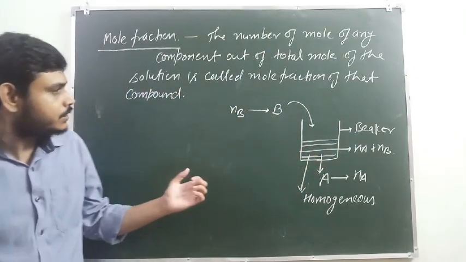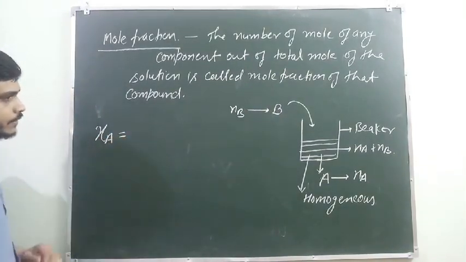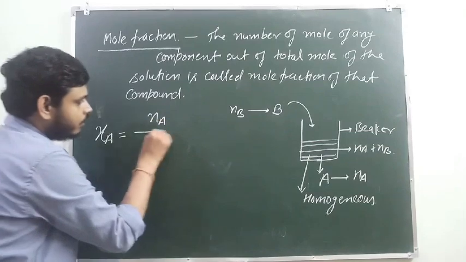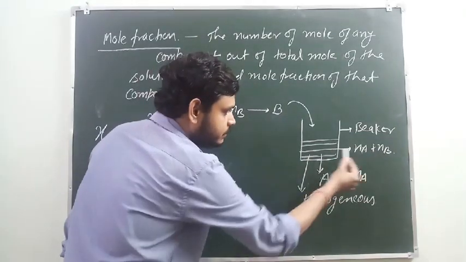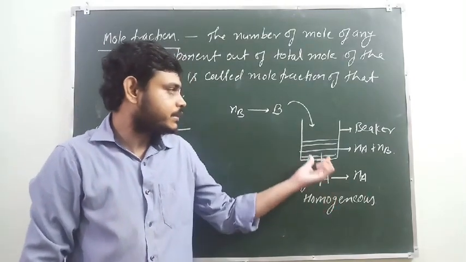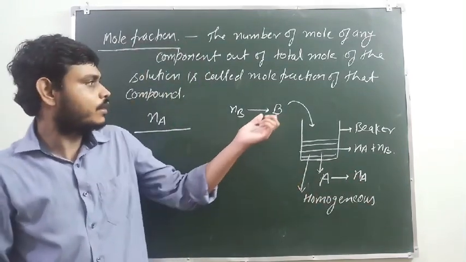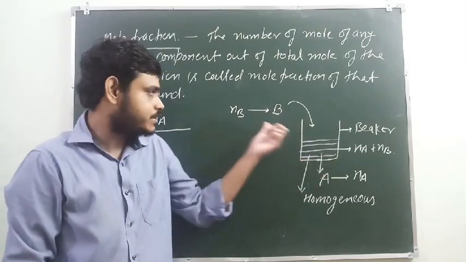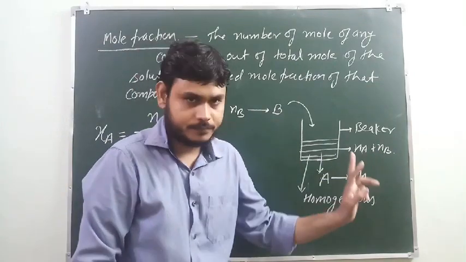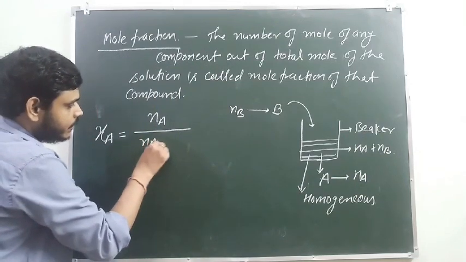So we are calculating the mole fraction of component A. Mole fraction of component A is equal to the number of mole of A out of total number of mole present in the solution, that is Na plus Nb.